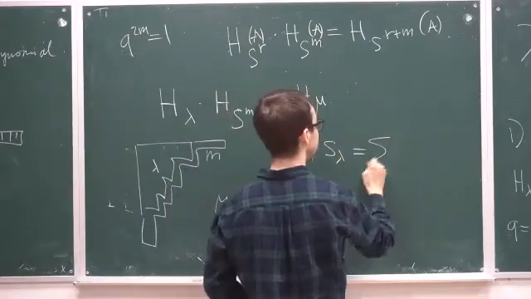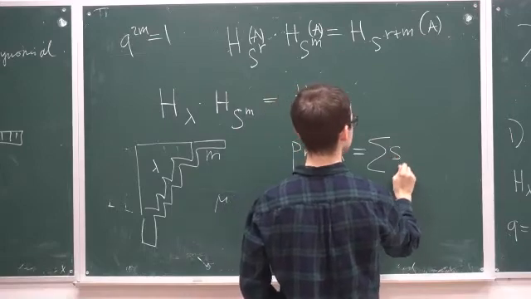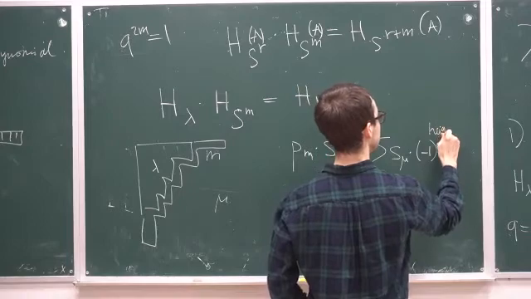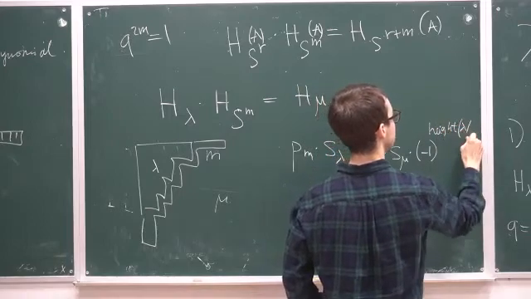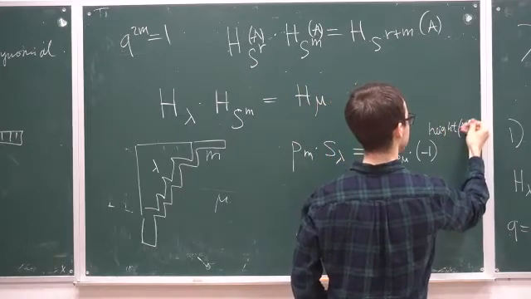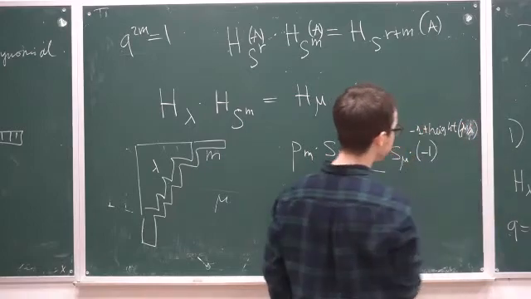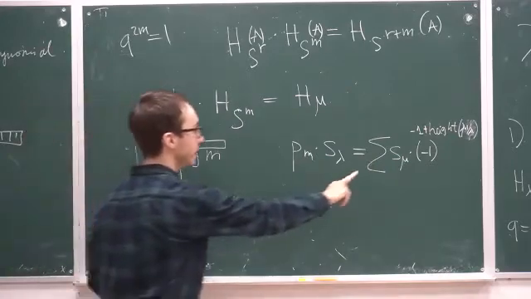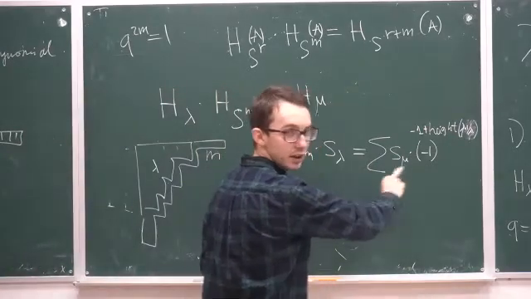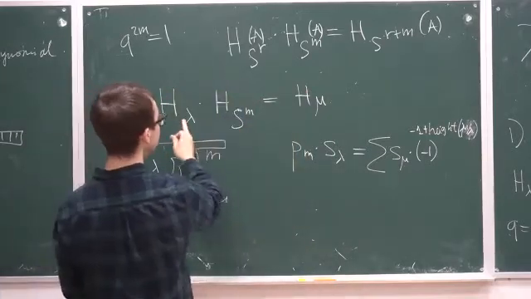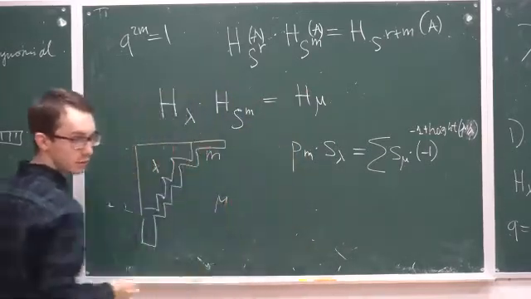Then this is an alternating sum of S mu times minus 1 to the height of this skew diagram mu over lambda, minus 1. So we pick any mu from this expansion, and for individual mu, this relation is true.